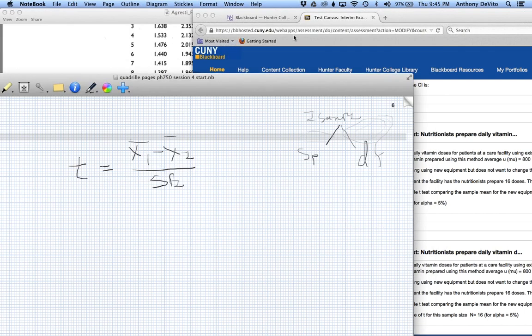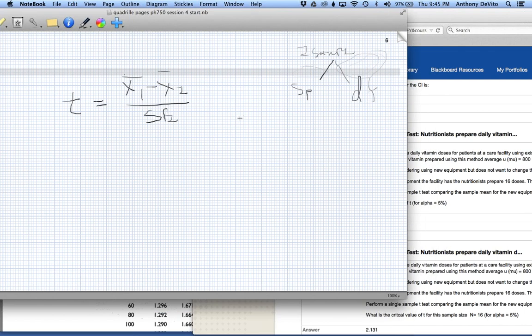Okay, and how do we calculate our standard error? Just the way we calculated it before. Since there's only a single sample, it's going to be the same standard error we had before. Standard error is equal to 30, because we know the standard deviation from only one sample, we don't know the standard deviation for the other machine, over the square root of the sample size, which is 16, and that comes out to be 7.5.